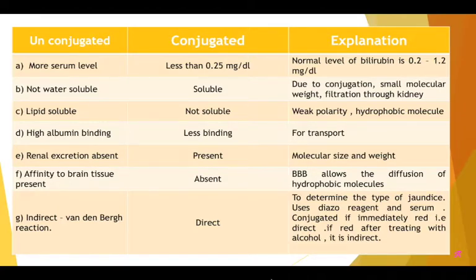Next is the water solubility. We already told that unconjugated bilirubin is water insoluble. It will not get dissolved in water. It is for water solubility that we are converting the unconjugated bilirubin into conjugated bilirubin.